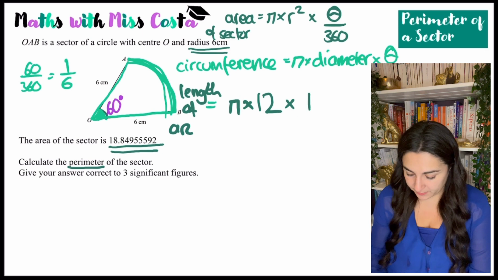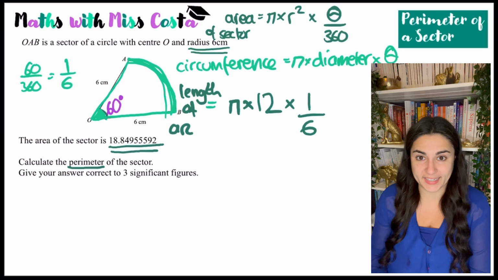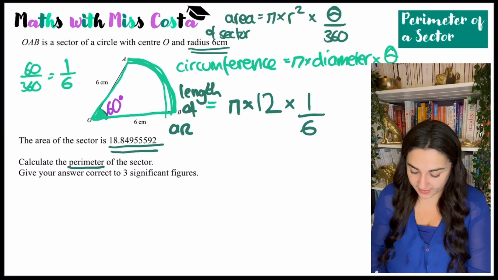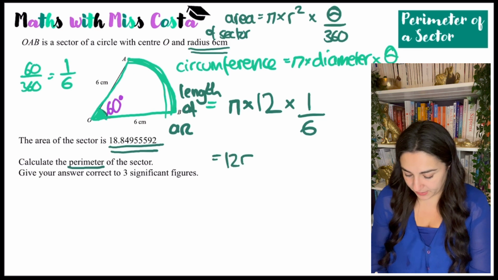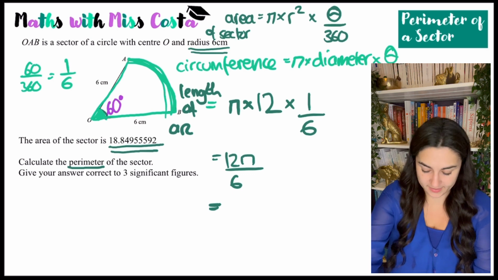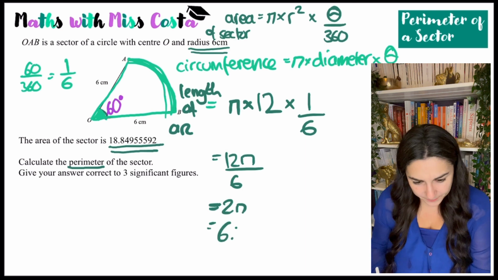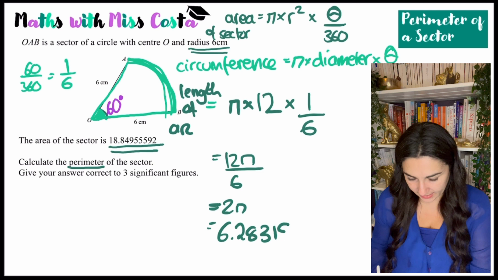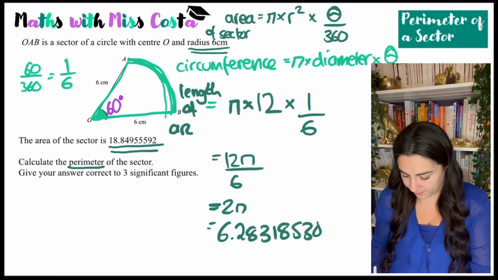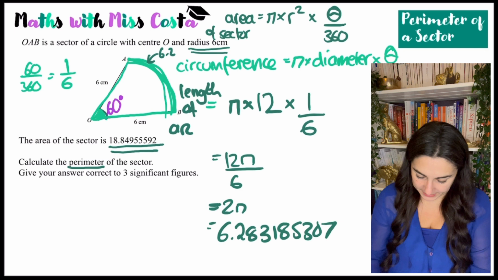So pi times 12 times a sixth. I could have typed in 60 over 360, but I know that simplifies to a sixth. So the length of the arc is going to be 12 pi over 6, which is 2 pi, which is 6.283185307.